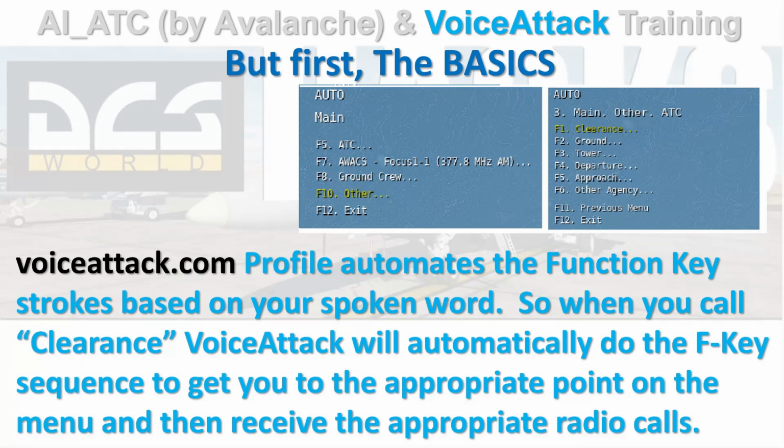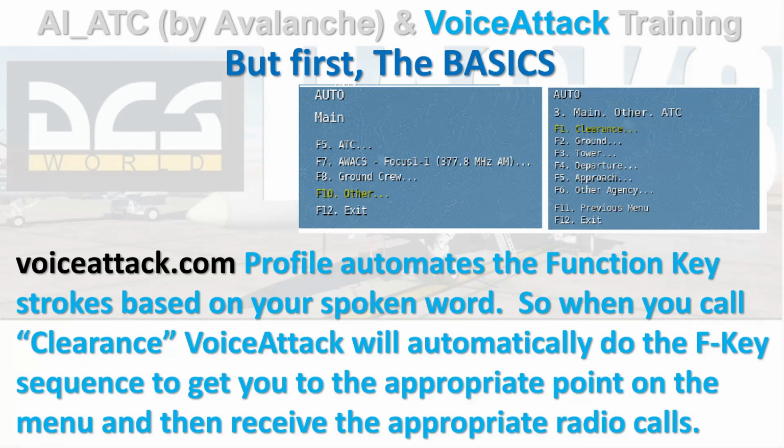Okay, you assign the button, and then whenever you engage the push to talk, VoiceAttack starts listening for spoken words. So if you say clearance, as in clearance delivery, it'll actually go through the function keys to get you to the clearance channel, and then you can assign your call sign as well as your IFR or VFR departure routing and things like that.